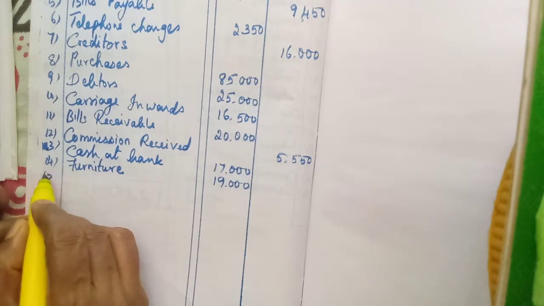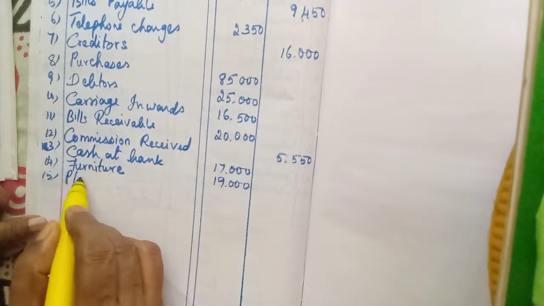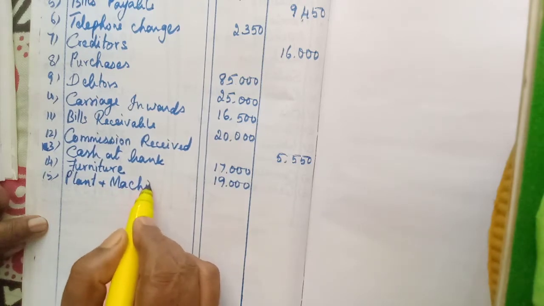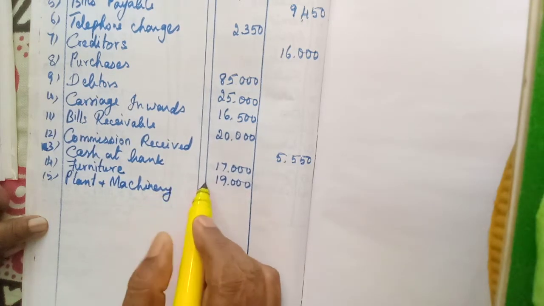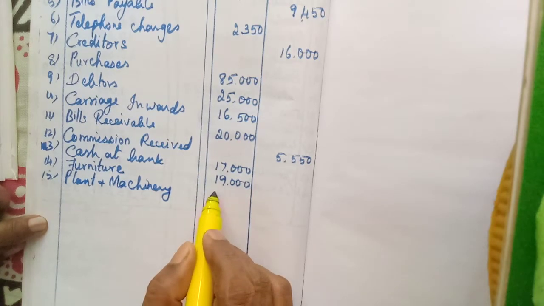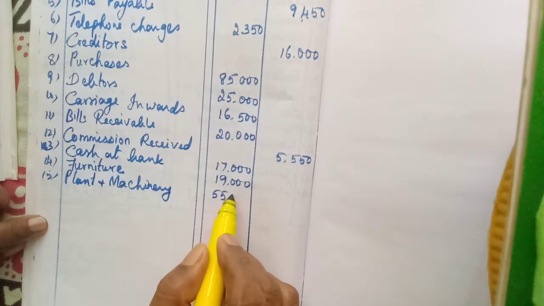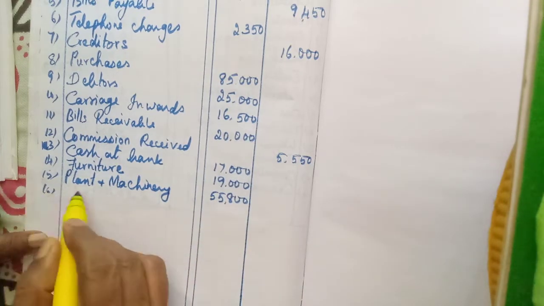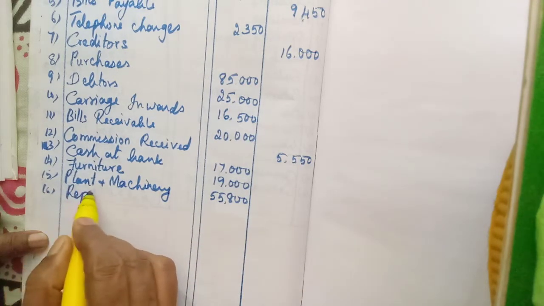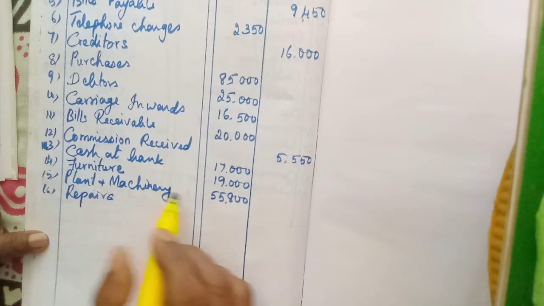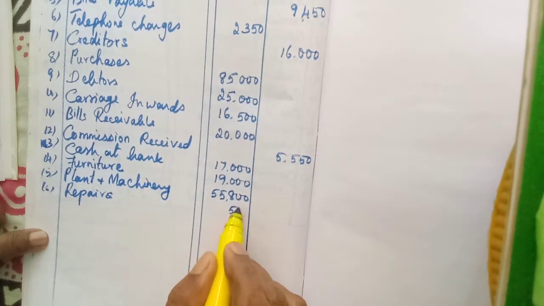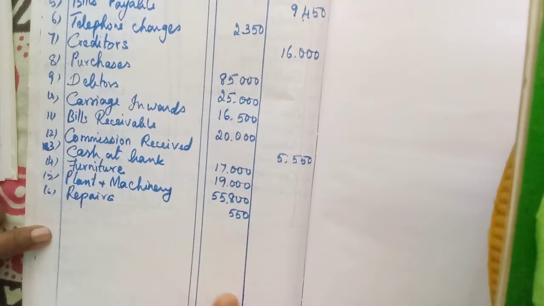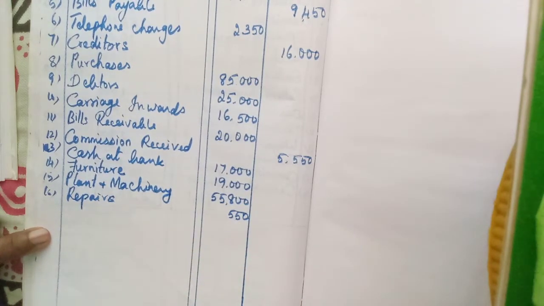Plant and machinery $55,800. Repairs, it is one expense. So it is also debit 550. That's all, isn't it? We have written all the items.